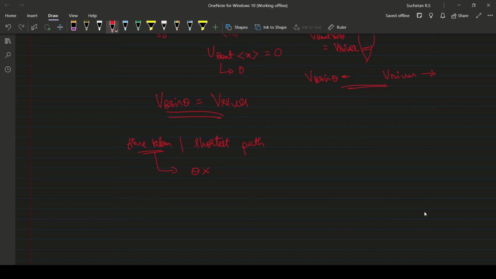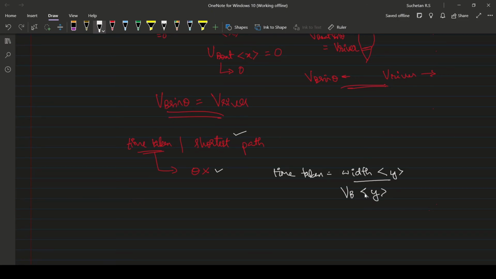We know that the time taken is given as the width of the river in the y direction divided by the velocity of the boat, I'll write VB in the y direction. The two conditions given are that the shortest path is followed and that the answer should not have theta.